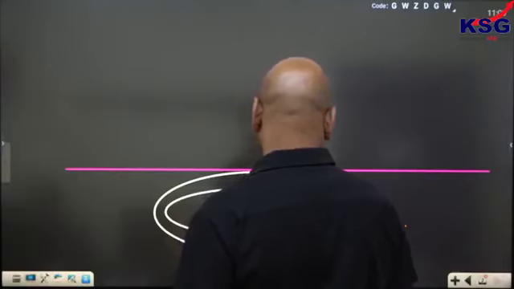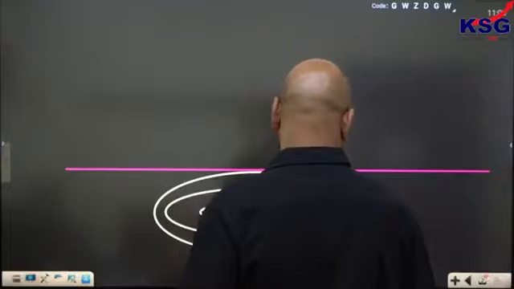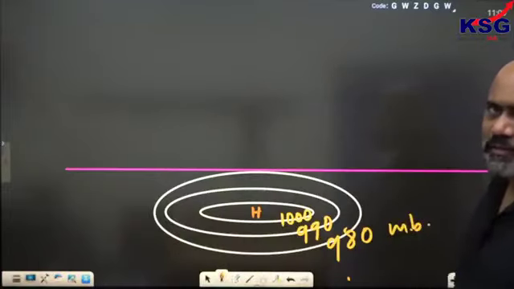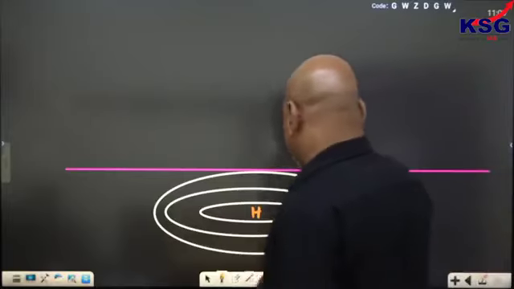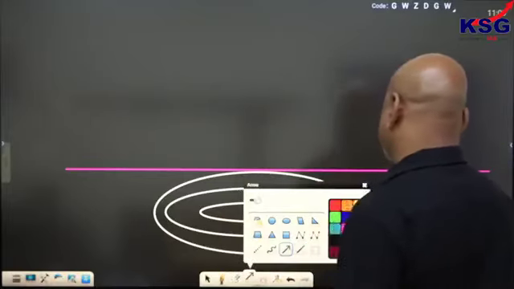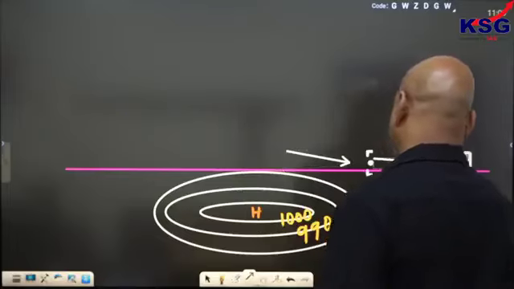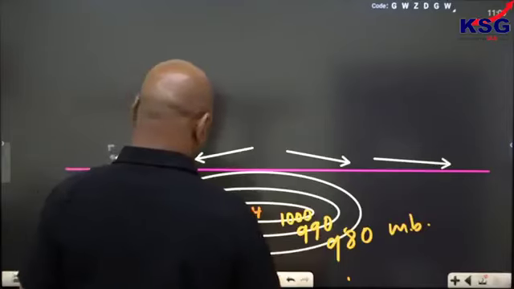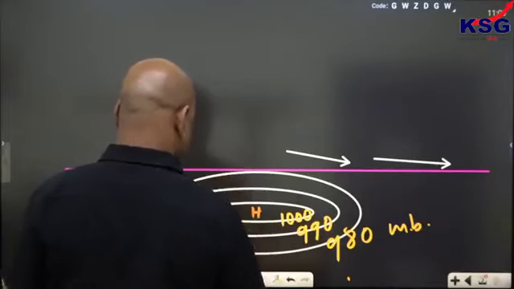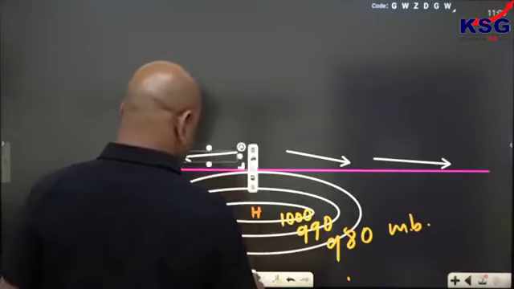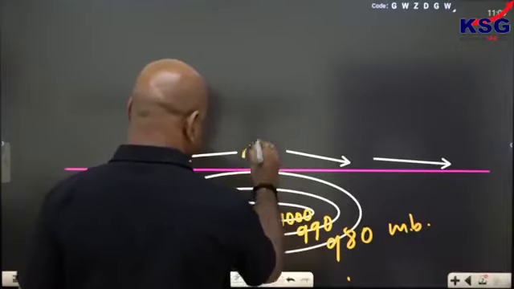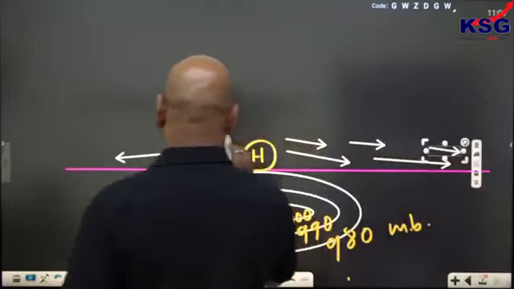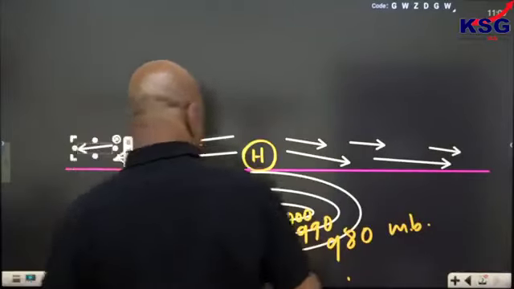This is 990 millibar, 980 millibar, like this type of pressure you have. Highest pressure at the center. It means there is a divergence of air in this case, from here toward this side. So if there is divergence of the air, it is high pressure here.